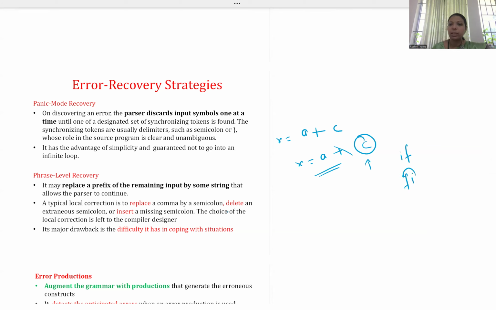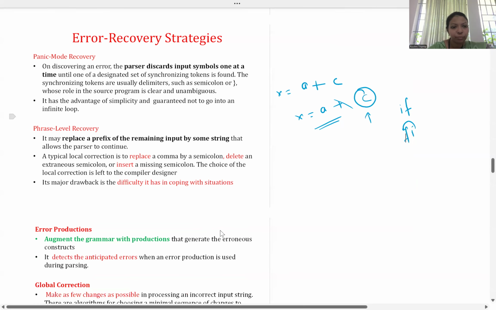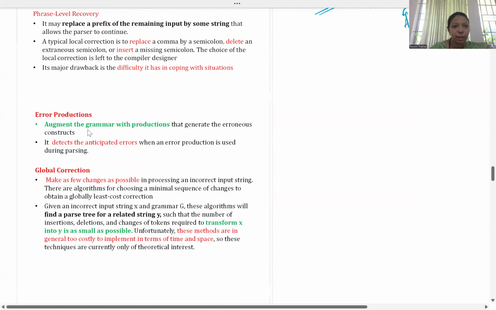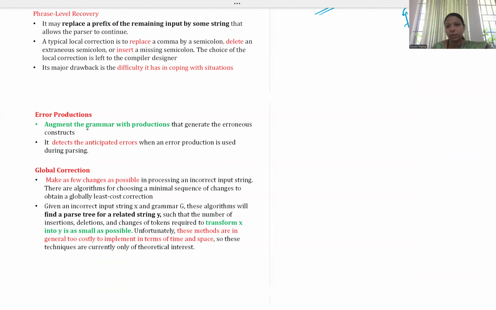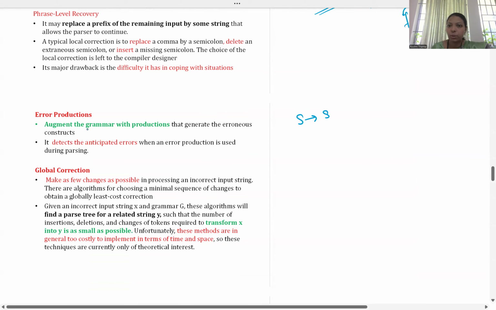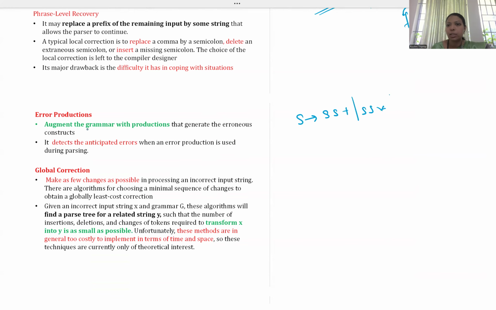And what does error production mean? For example, all the errors are checked through context-free grammar, like S equal to S plus I. This is an example production. If this is a rule, whenever it is trying to find any error, it will check whether it is following this rule or not.